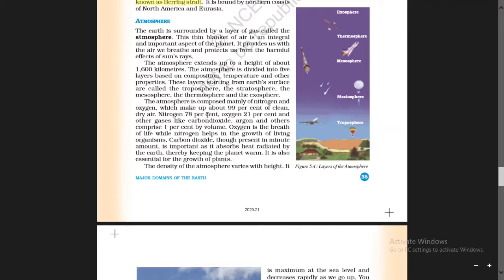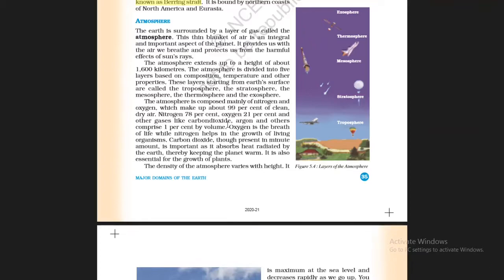Nitrogen 78%, oxygen 21%, and other gases like carbon dioxide, argon, and others comprise 1% by volume. So the different percentages of gases present in the atmosphere have been given, boys. You must know all this data, all these numbers.